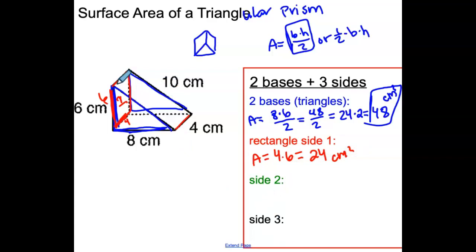Side 2, I'll call this big rectangle on the top rectangle number 2. So we've got that side there is 10, and this side here is 4. So that would be area equals 10 times 4, which is 40. And last rectangle, which again, we only have one option left, is this bottom one down here. And that is an 8 by 4 rectangle.